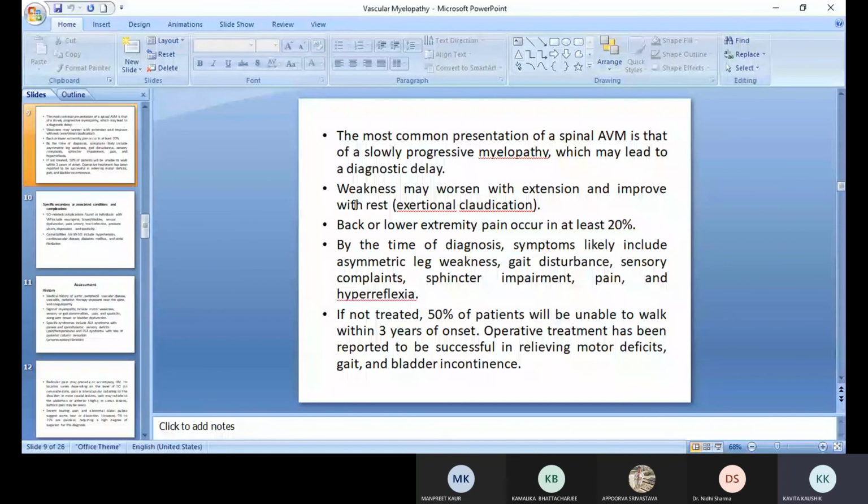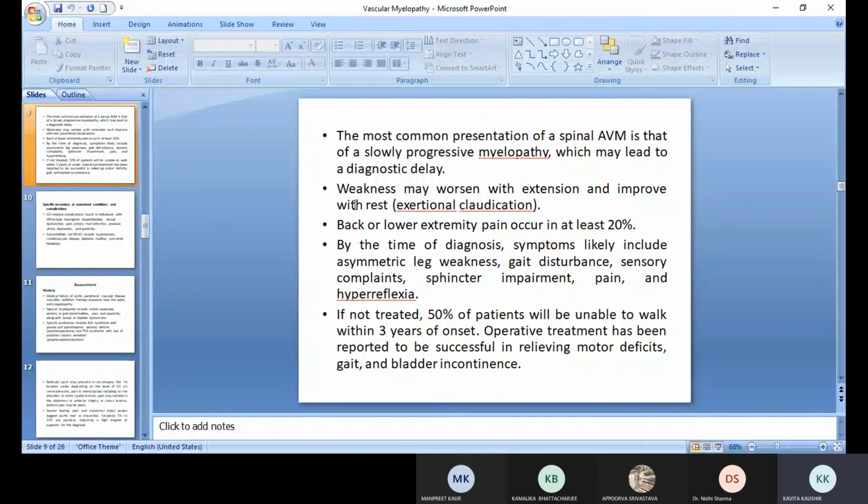Weakness may worsen with extension and improve with rest. Back and lower extremity pain occur in at least 20%, and by the time of diagnosis of the arteriovenous malformation, symptoms include asymmetric leg weakness, gait disturbance, sensory complaints, sphincter impairment, pain, and hyperreflexia.